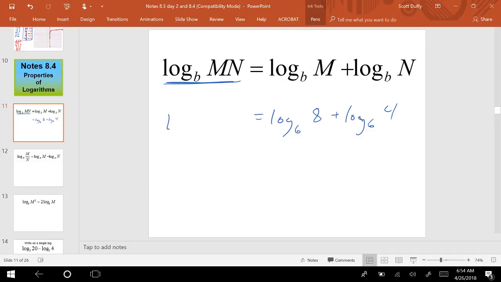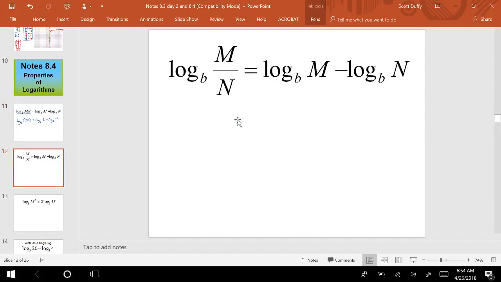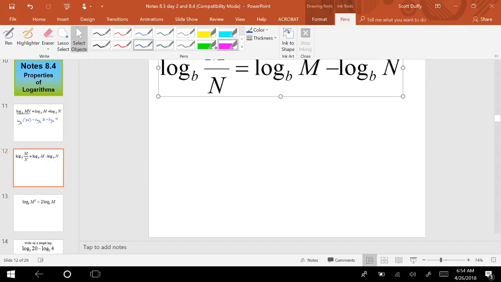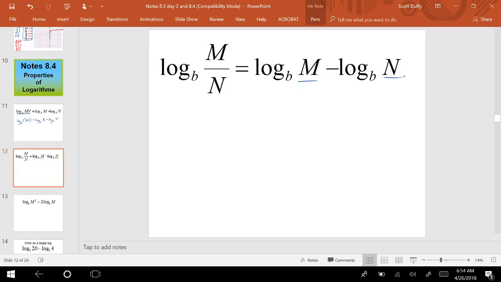How you can write that is log base 6 of 8 times 4, which is 32. So log base 6 of 32. With subtraction, what happens is that you take these values and you can divide them.